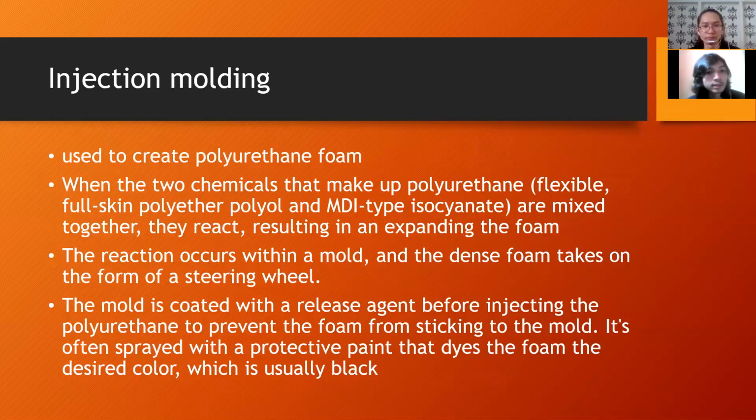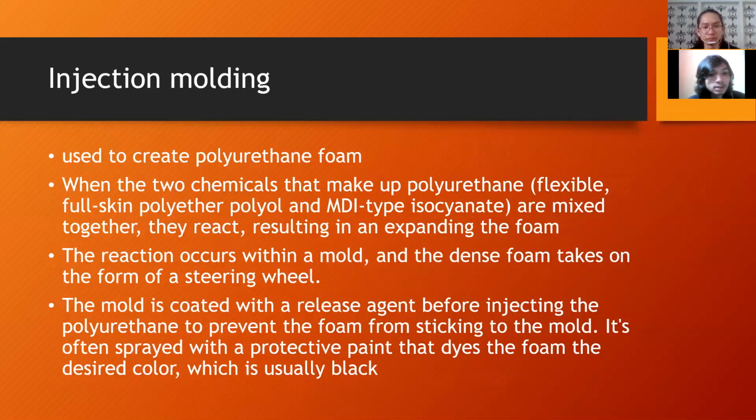Then the injection molding process is used to create polyurethane foam. When the two chemicals that make up polyurethane, flexible full skin polyether polyol and MDI type isocyanate, are mixed together, they react, resulting in the foam expanding.